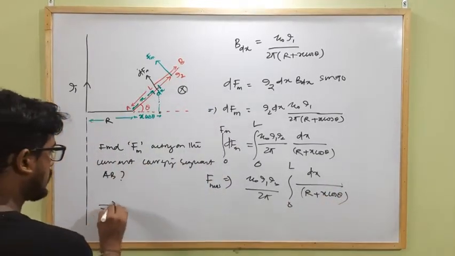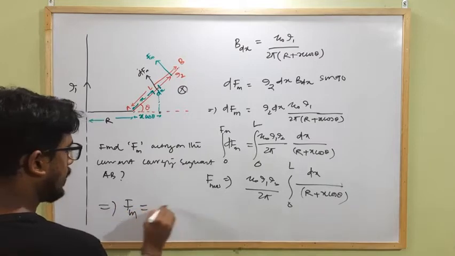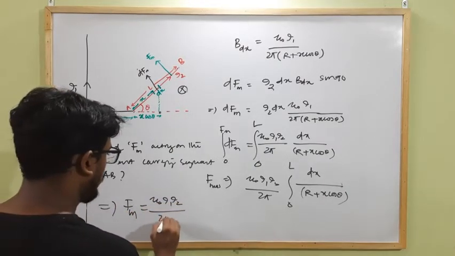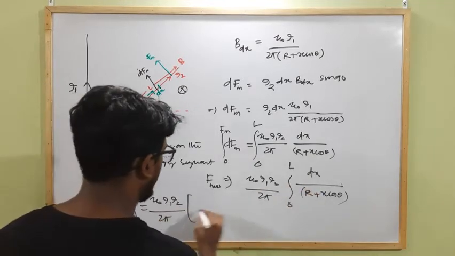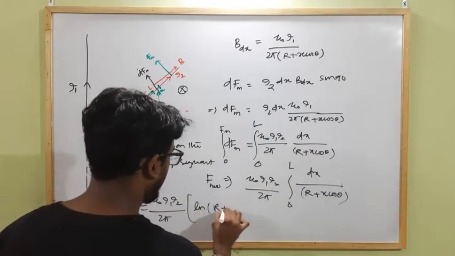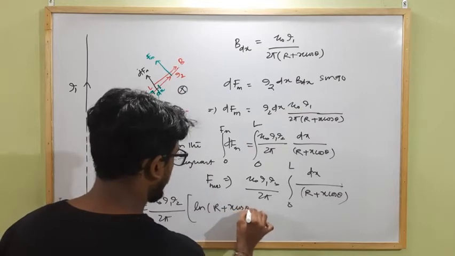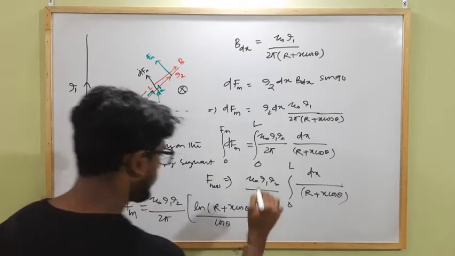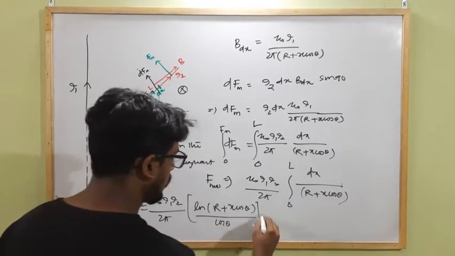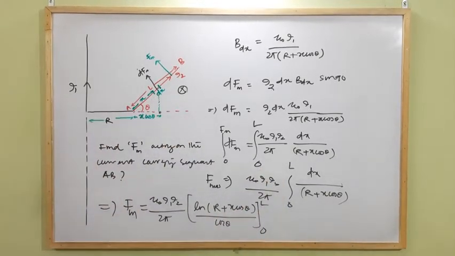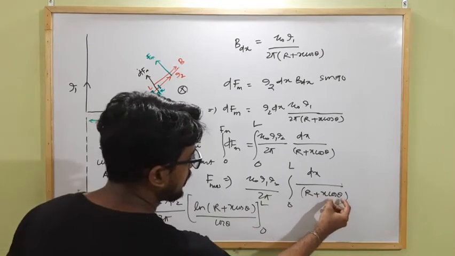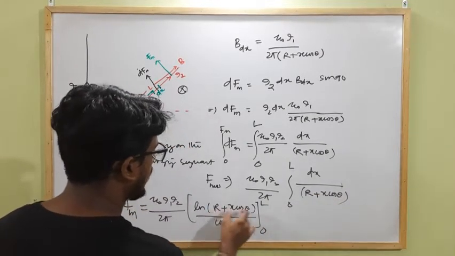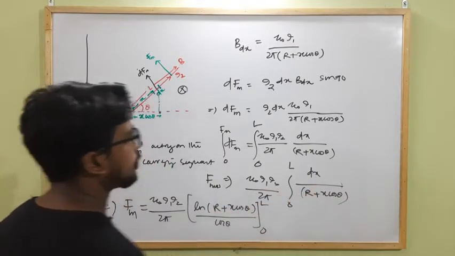So we get Fm equals mu naught I1 I2 divided by 2 pi times ln of r plus x cos theta divided by cos theta, with limits from 0 to L. Clear? The coefficient of x is cos theta, so it remains constant by cos theta, and the complete term is ln of r plus x cos theta.